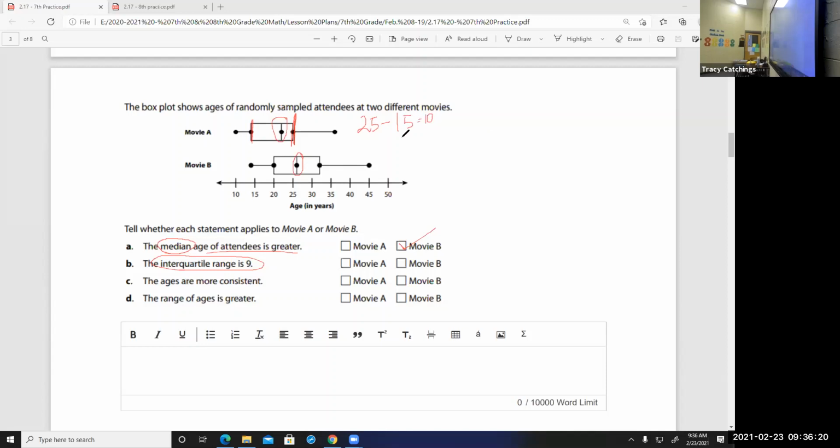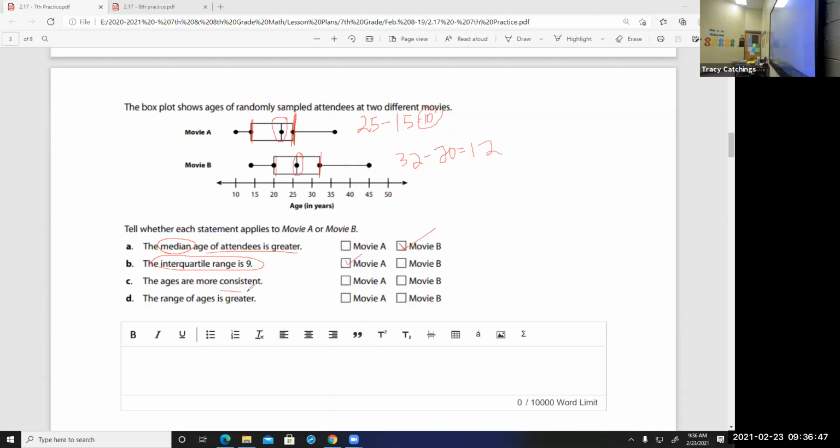All right, about 10. All right, looking at the bottom, we'll say that's about what number? Yeah, we'll go about 32. And then this is about what? 20. The difference is about what? 12. They said the interquartile range is 9. So I'm thinking one of these numbers is off. That's the closest one, movie A.